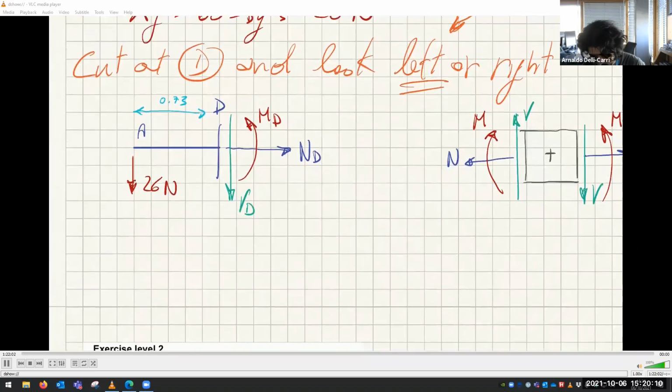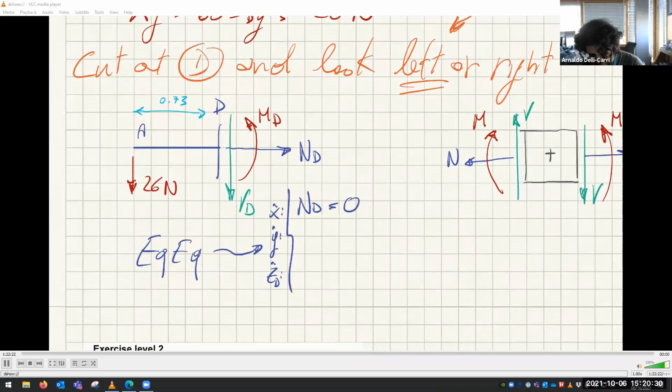So I can just use equilibrium equations again, along X, along Y, around Z. I'm choosing the cutting point because it's always the smartest choice in this case. So I can say that ND equals 0.